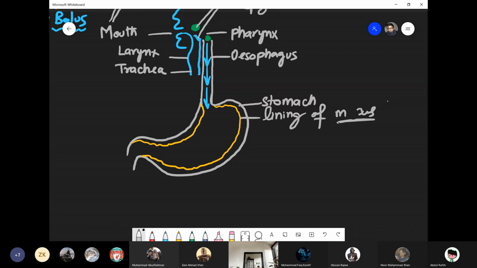Let me tell you that mucus is the same liquid that is present in your nose. That same liquid is present in your esophagus, it is present in your stomach, it is present in your small intestine, it is present in your large intestine. So this is the mucus. It is also present in your trachea, bronchi, and bronchioles as well, right?